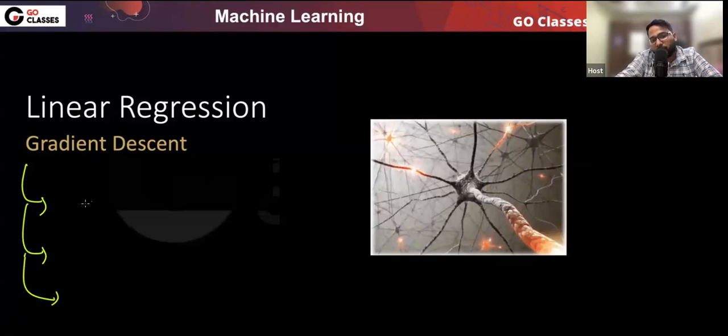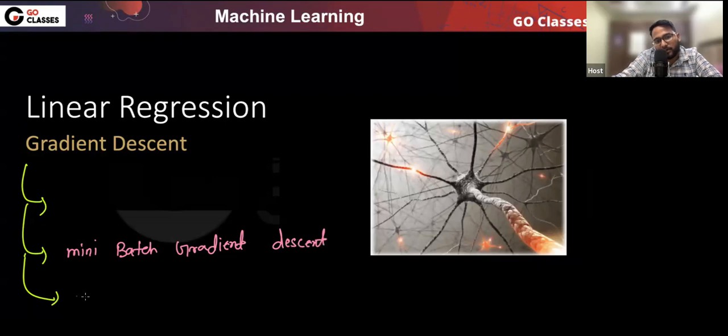Particularly, that's called mini batch gradient descent and stochastic gradient descent, and just plain gradient descent.